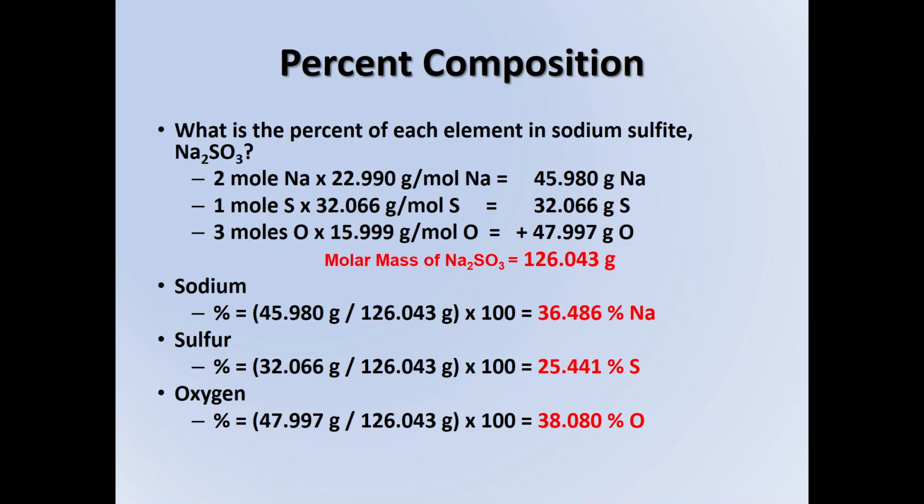So there's 2 moles of sodium. I just do grams already to start it. I don't remove the per mole. They like to remove the per mole of it so we get grams, because we are trying to do percent mass and not percent molar mass. So they multiply it by moles. There is 2 moles of sodium for every 1 mole of sulfur, multiplied by 3 moles of oxygen.